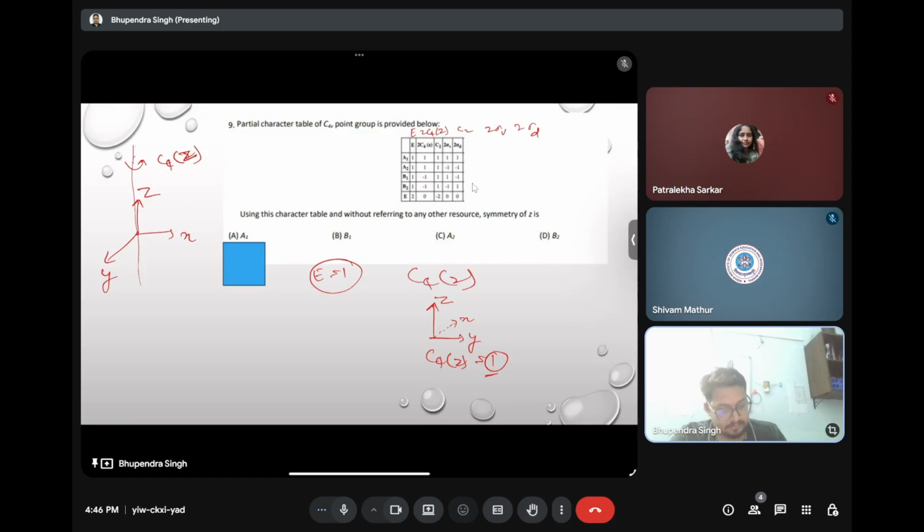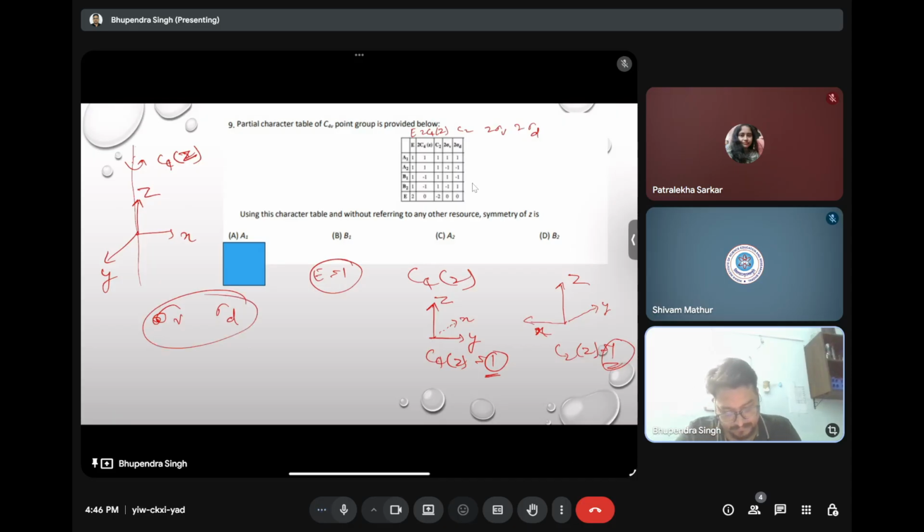And for C2 along the Z direction, z equals 1. Next are sigma v and sigma d.